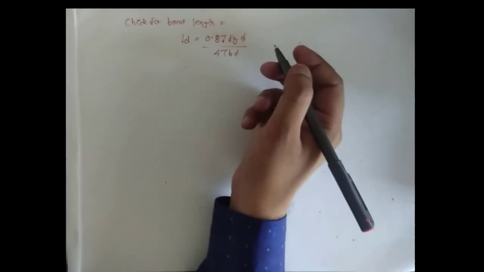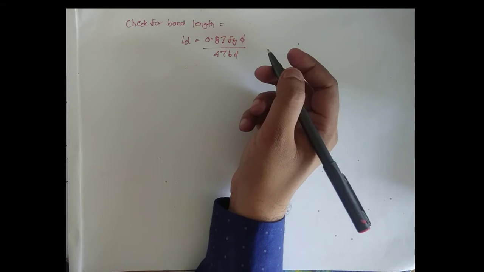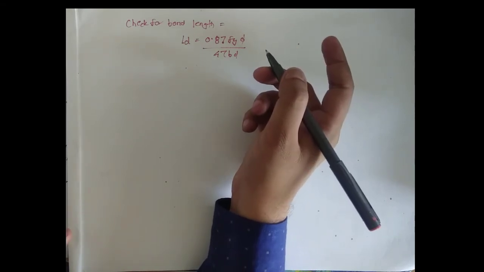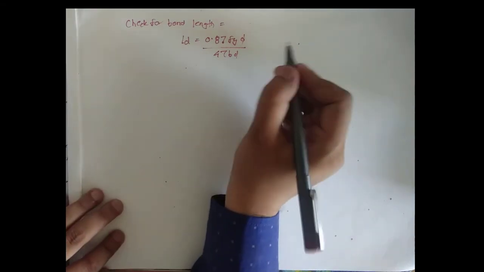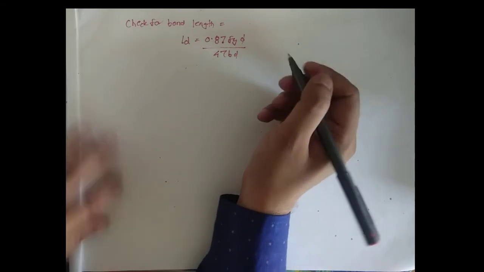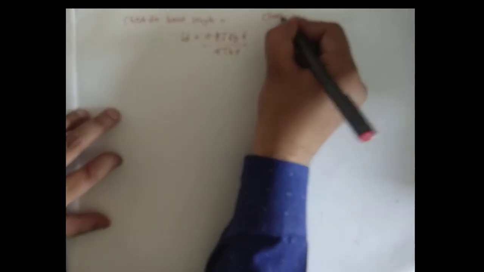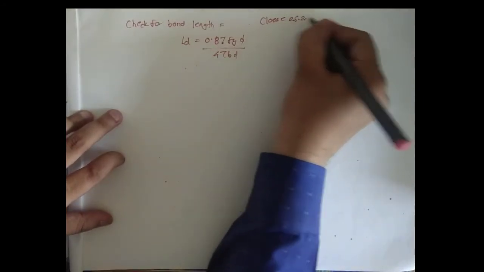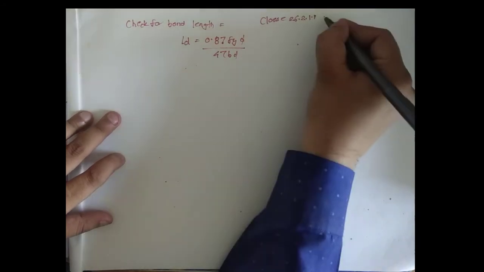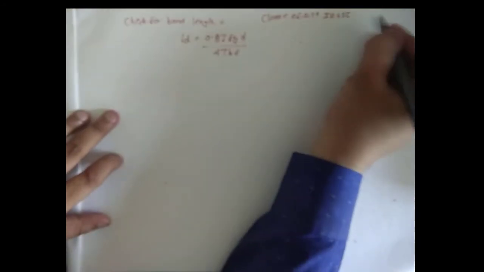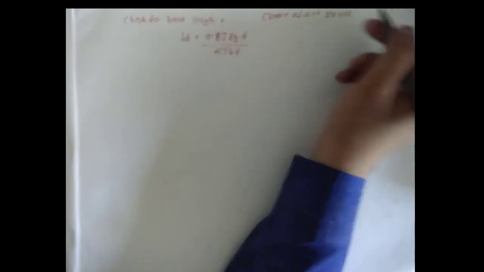The clause number is 26.2.1.1 in IS 456. I write it down here: clause 26.2.1.1, IS 456. You'll get a table there.